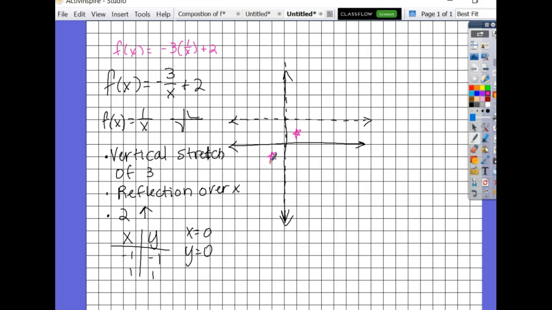So first of all, I have a vertical stretch of 3. So this is 1, and the vertical is y. So 1 times 3 takes me to 3. And then what do I do? Reflect over the x. So this point is here now. And then what do I do? Up 2. So right there is my point.